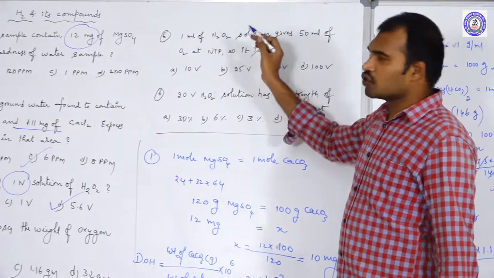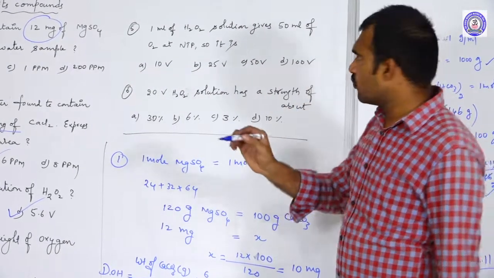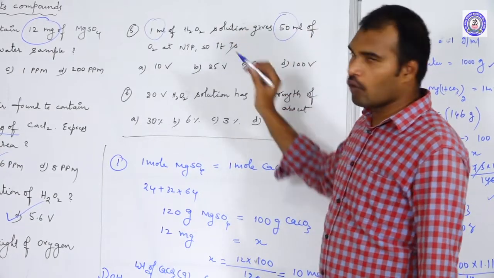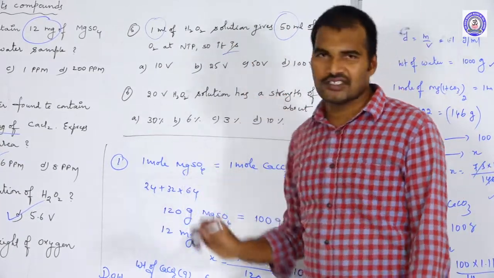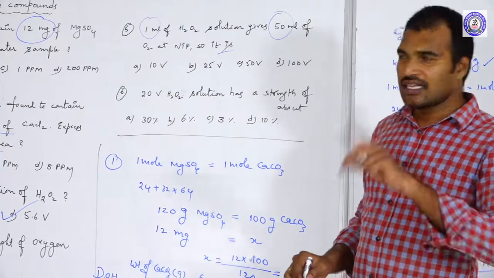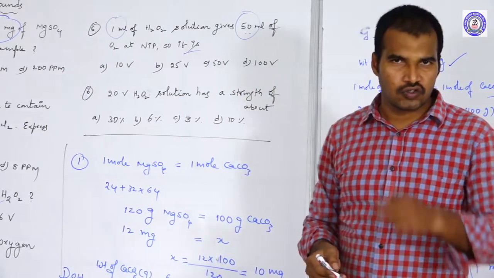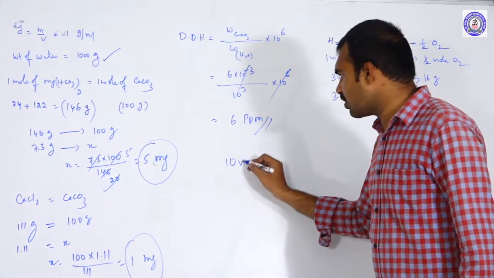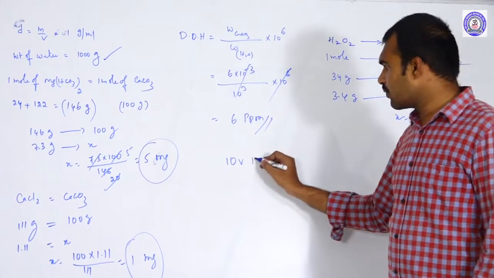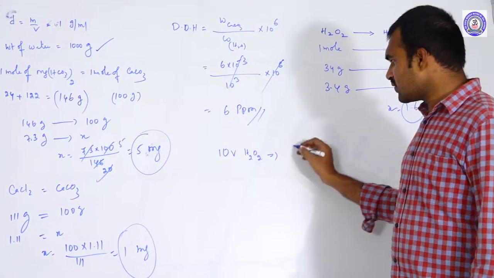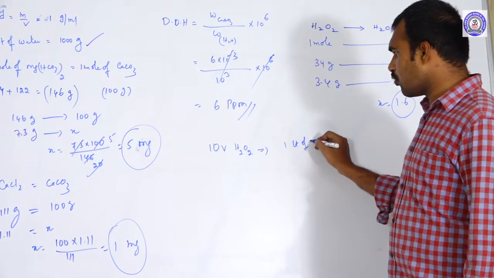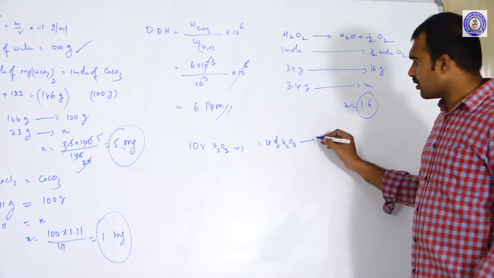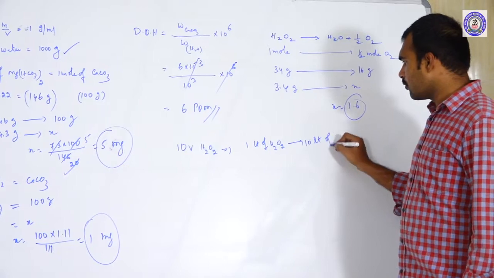1 ml of H2O2 solution gives 50 ml of O2 at MTP. So 1 ml is liberating 50 ml. As we know, in volume strength, what is the meaning of 10 volume H2O2? 10 volume H2O2 means 1 liter of H2O2 on decomposition liberates 10 liters of O2.